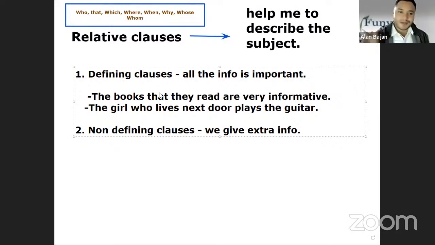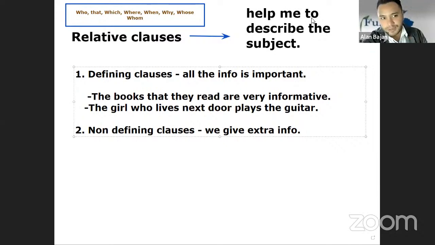So you need to make it short, and you can change that sentence. For example, you can say that book, that is the book which talks about how to be self-sufficient.